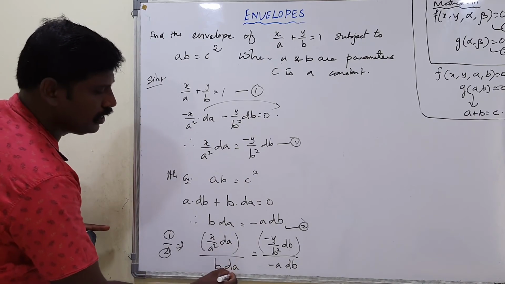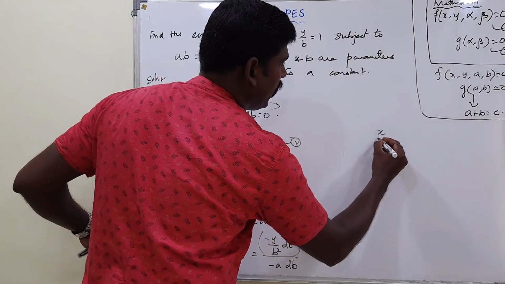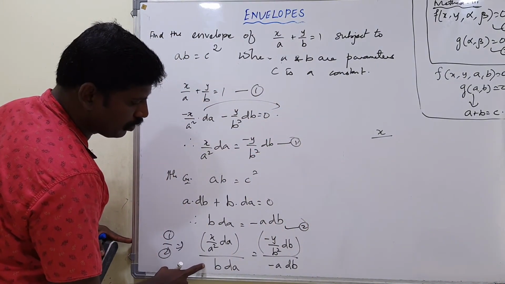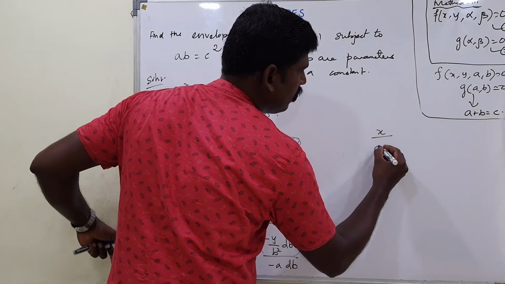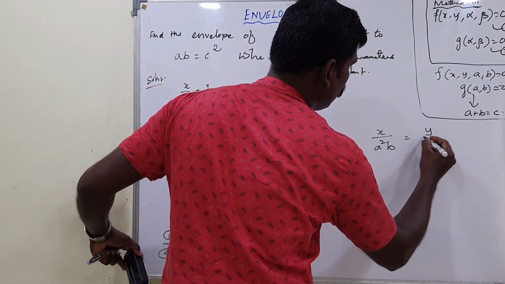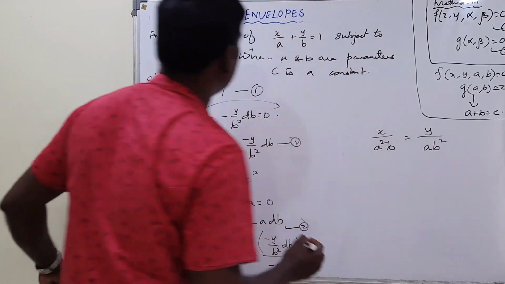You can cancel dA with dA, dB with dB, minus with minus. So what you get? x / (a²b) = y / (ab²), isn't it?